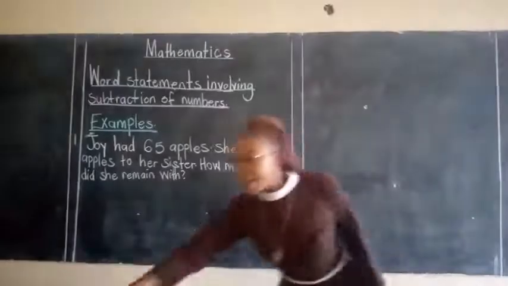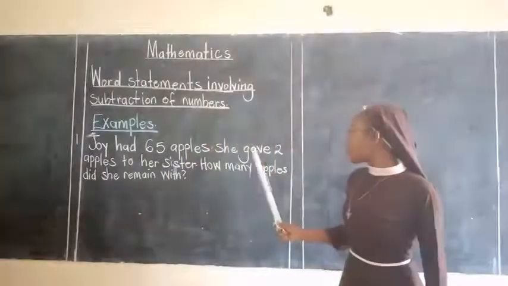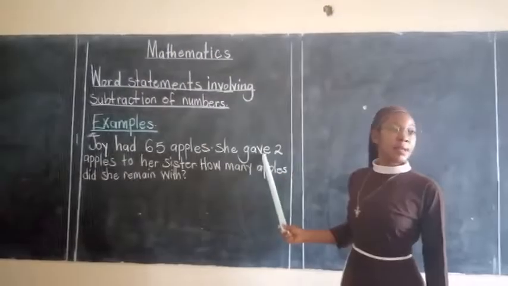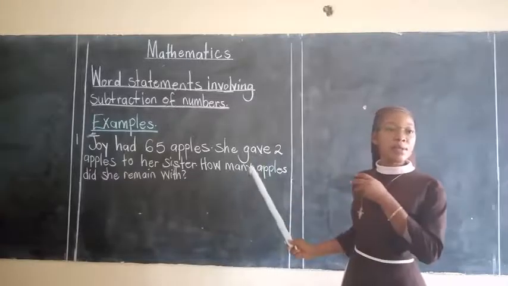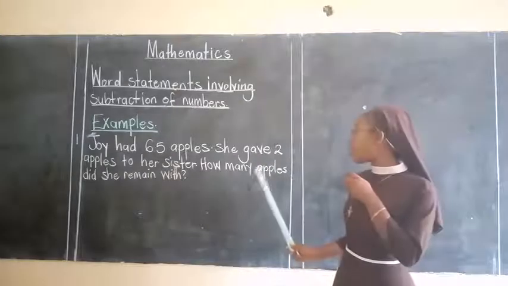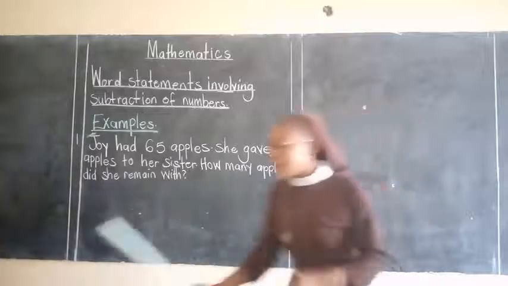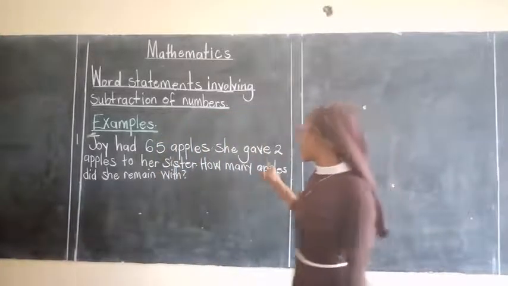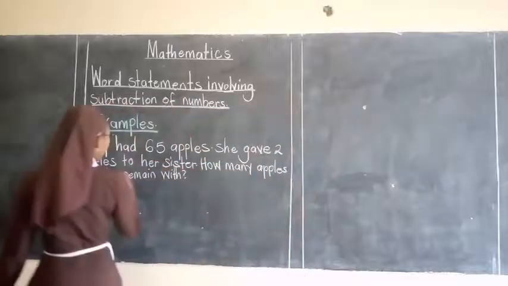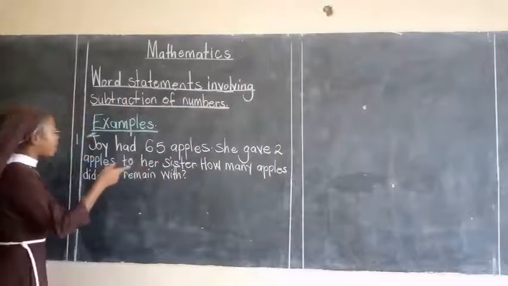The word gave. When you give out something, it means that it has been taken away. You don't remain with it since you have given it out. So, meaning we are going to subtract. They told us she gave 2 apples to her sister.